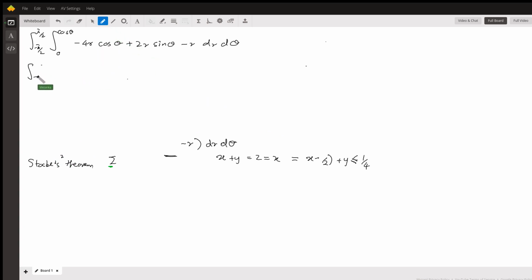Let me just quickly move through this. When you do this inner integral with respect to r, what you will get is negative 2 cosine cube theta. Yes, I guess it's correct here.